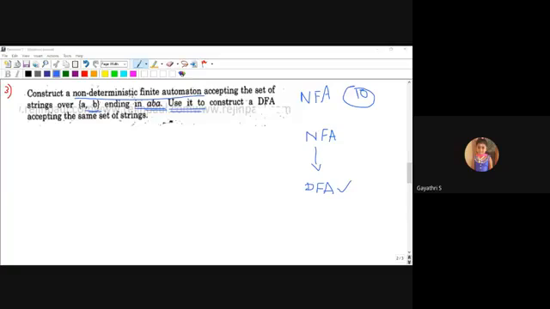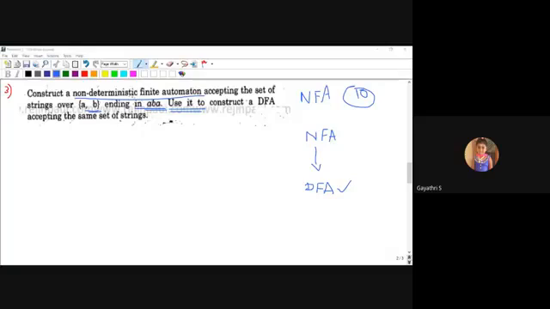But here they have given a problem statement as input, so first construct the NFA based on the problem statement. Sometimes they directly give the transition diagram of the NFA as input, then based on the algorithm you convert NFA to DFA. Sometimes they give the transition table of the NFA as input. But here they have given a problem statement, so first you have to construct the transition diagram of the NFA.